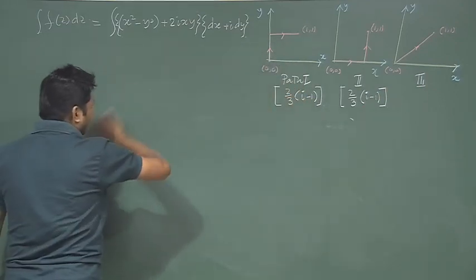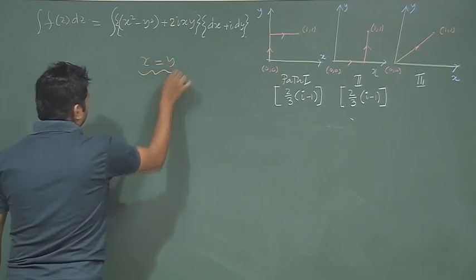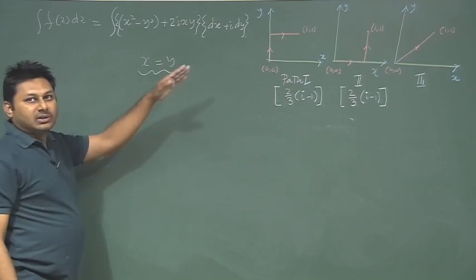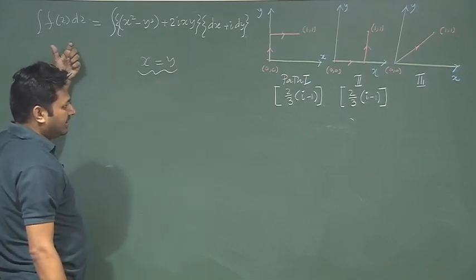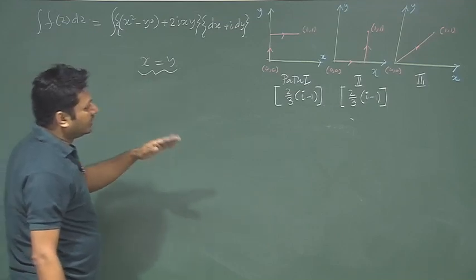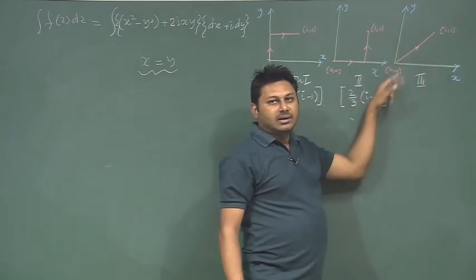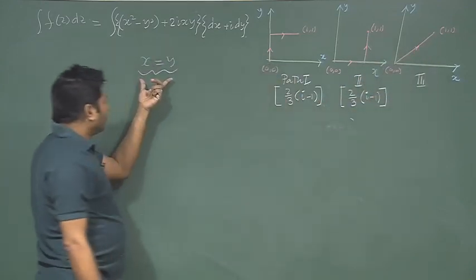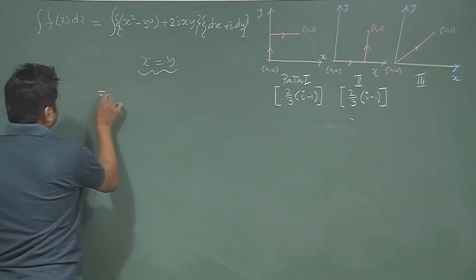So, there is a line over which x is equal to y is satisfied. Using y equal to mx plus c, here c is 0 and m is equal to 1 because it is going from 0 0 to 1 1. So, the slope is 45 degrees, and the relationship between x and y is x equal to y. So, let me replace these things and then things will be easier.